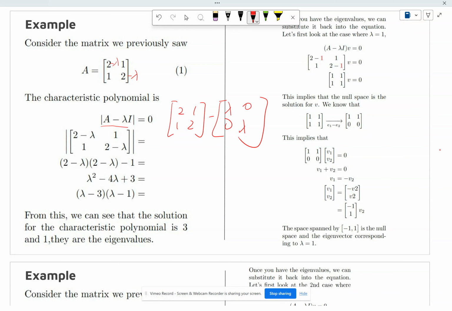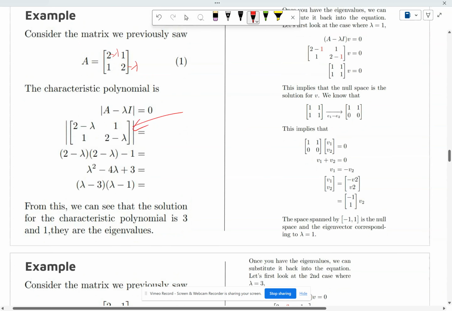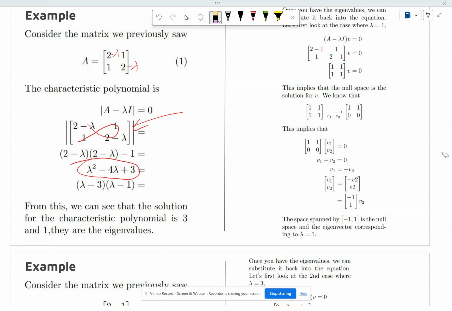That's how I got this. Now we obtain the characteristic polynomial, which we multiply like this, and this simplifies to this.